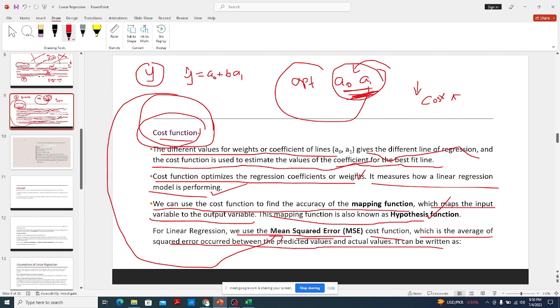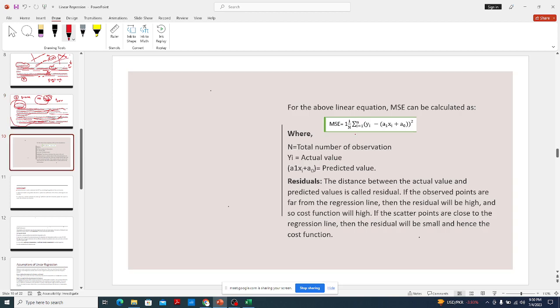So for us to get the mean squared error, we calculate yi minus ŷ. yi is the actual value, then ŷ is the predicted value.